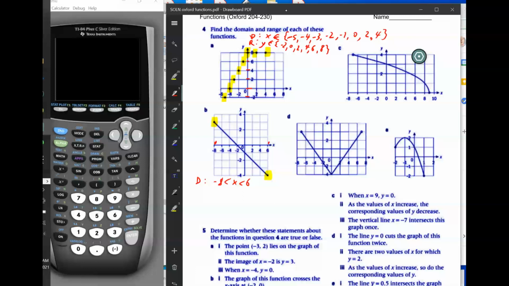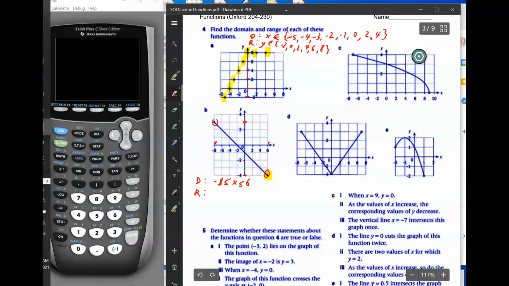because x is between negative 8 and 6. Does it include the values of negative 8 and 6? Yes, it does include it, because look at this point. It is including x equals negative 8, for example. So we put less than or equal to instead of less than. Okay? So that's an appropriate answer for domain. And for range, we're going to look at the top y value and the bottom y value, looking at these endpoints here.